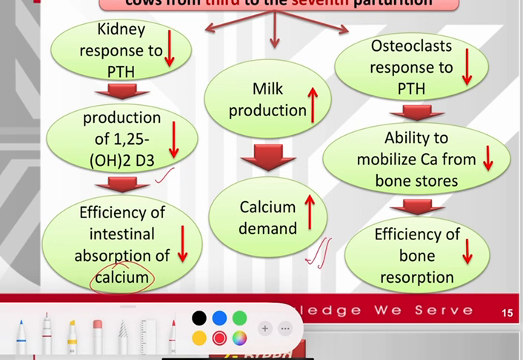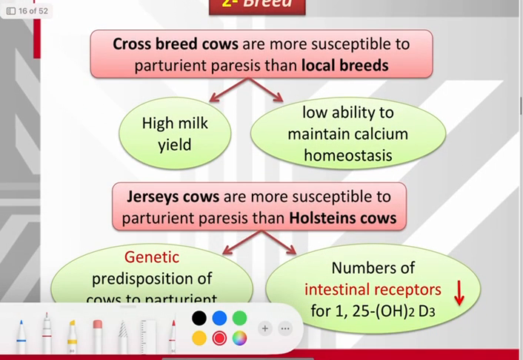What else happens as age increases? Osteoclast response towards parathyroid hormone also decreases, which will cause a decreased ability to mobilize calcium from bone storages, and thus the efficacy of bone resorption decreases. Coming to breed, crossbreeds are more susceptible to parturient paresis than local breeds, due to high milk yield in crossbreeds and loss of more calcium, and a low ability to maintain calcium homeostasis.